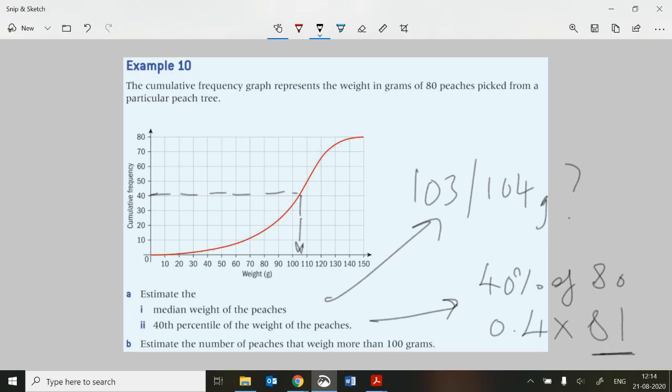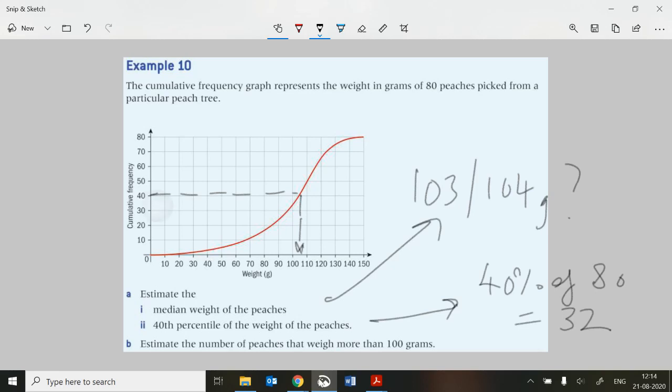So you could make that adjustment. But again, it's really going to make very little difference because we can't really get any more accuracy out of this scale here. So it will be fine to do 40% of 80, which is 32.